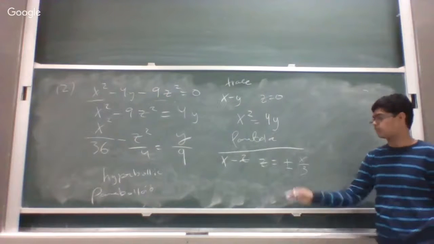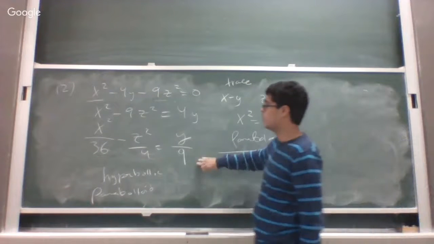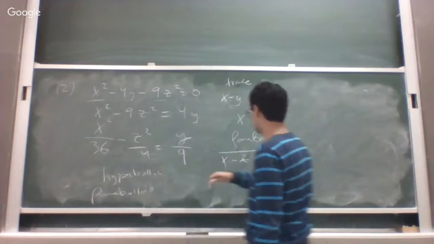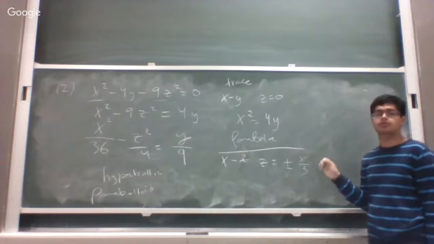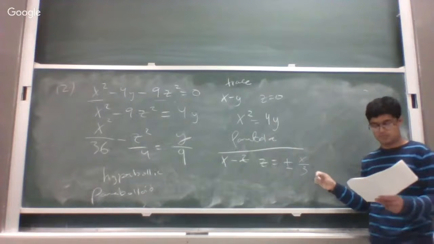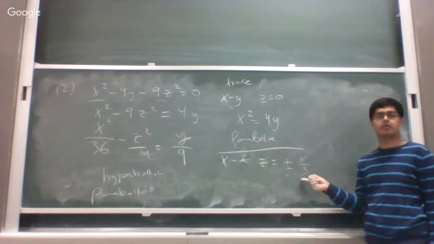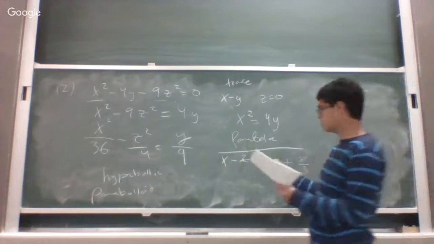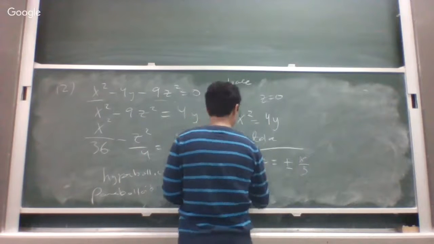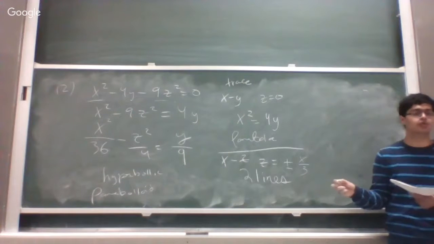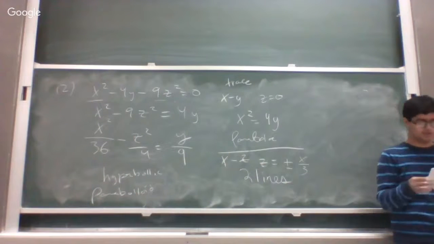If we plug in a 0 here and solve for one of them, then you'll have a plus or minus of the other variable. Okay? Now what is this formula? A line, but we have 2 lines. Since it's plus or minus, we have 2 lines. Okay?